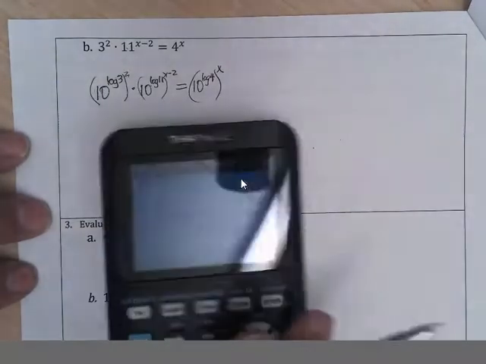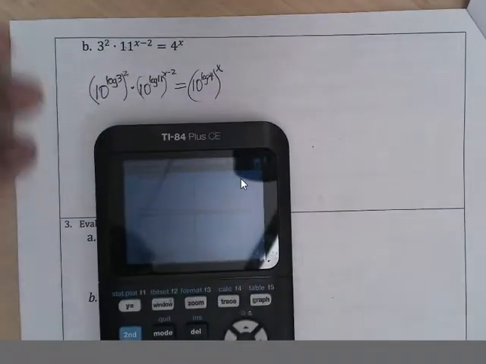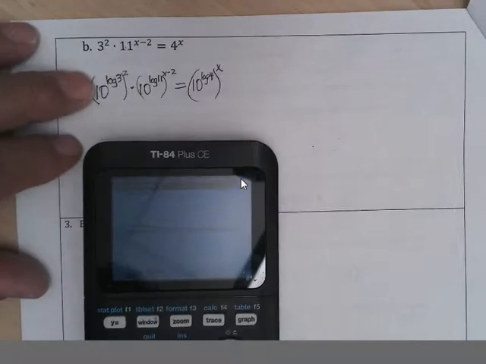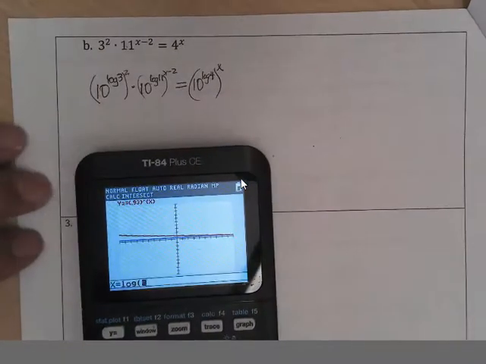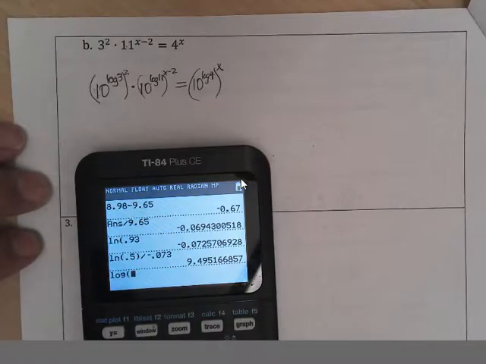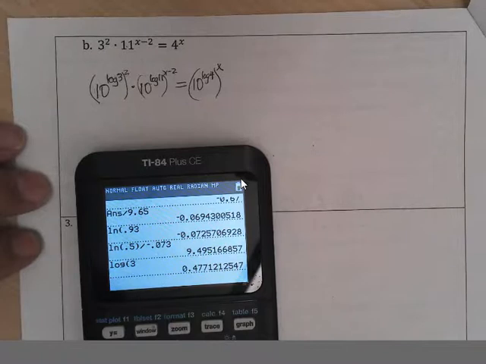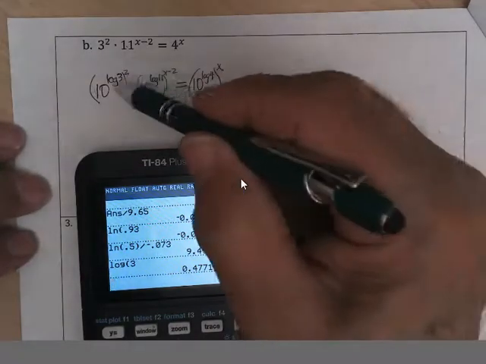So I have, I'm going to look up the log of 3. Log 3 is 0.477.